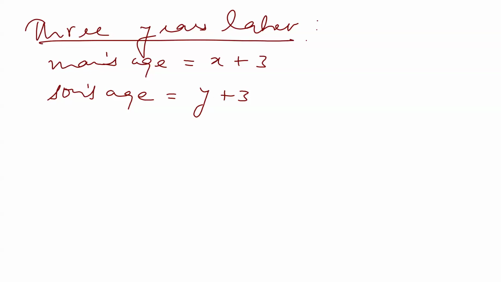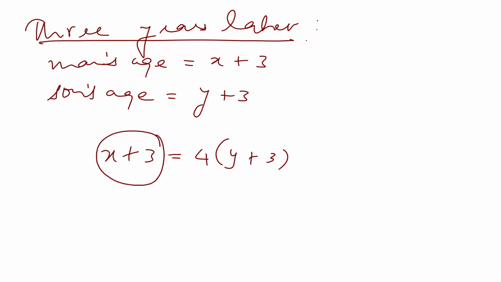Now what is the condition after 3 years? His age, the man's age, will be equal to 4 times the son's age. So the age of man after 3 years is 4 times the age of the son after 3 years.